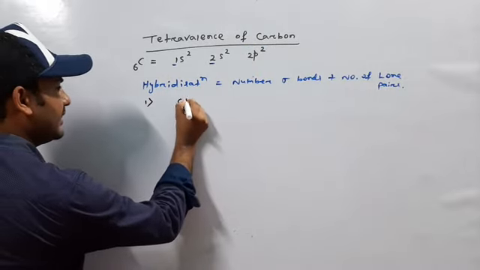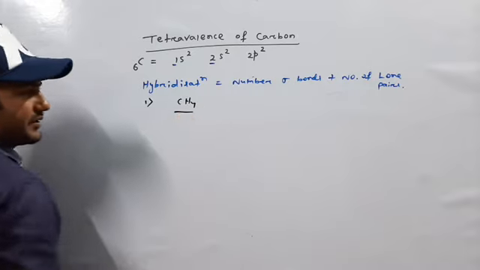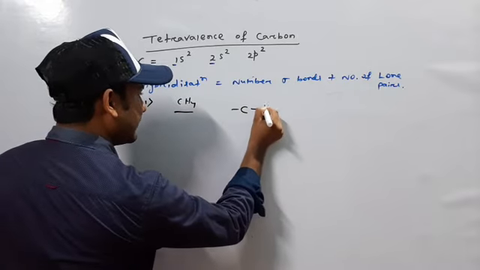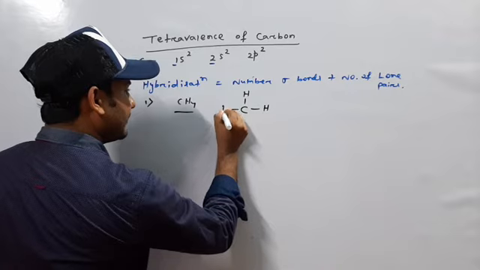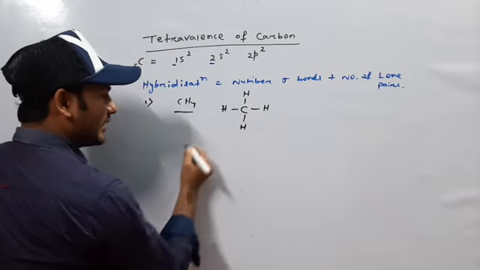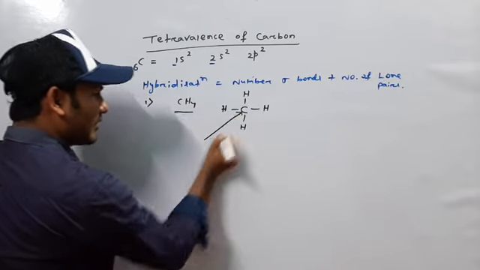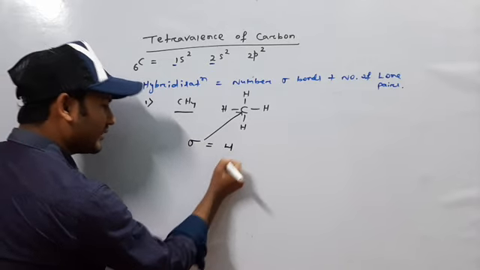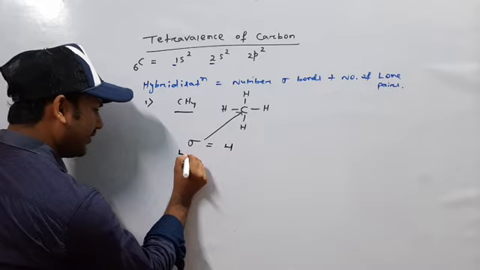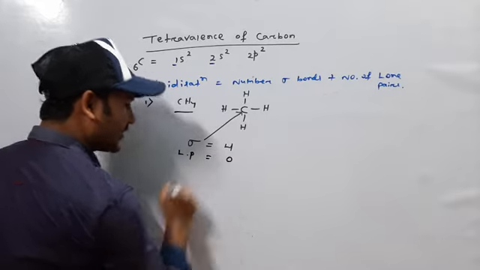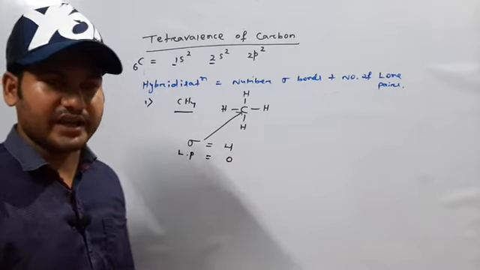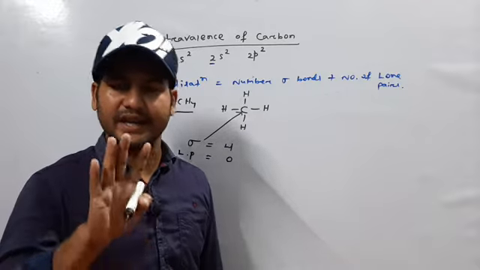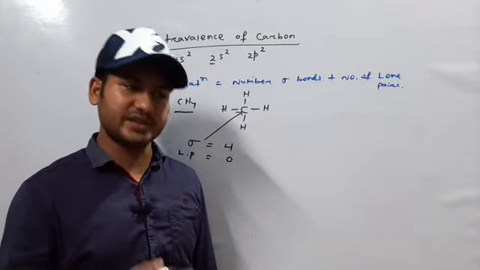Example number 1, CH4. In this compound, the central carbon atom has number of sigma bonds equal to 4, and lone pairs equal to 0, because carbon has 4 electrons in its outer shell.